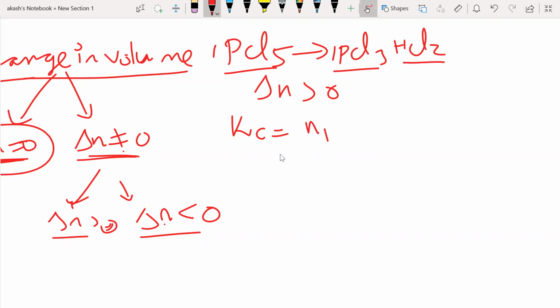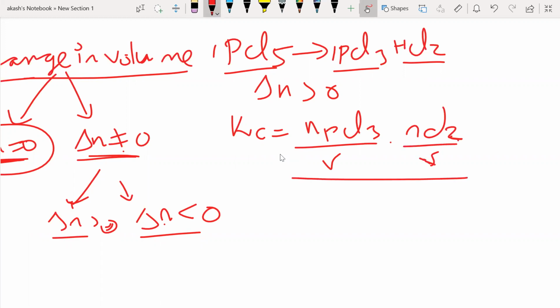So it will be number of moles of PCl3 divided by volume, into number of moles of Cl2 divided by volume, divided by number of moles of PCl5 divided by the volume.